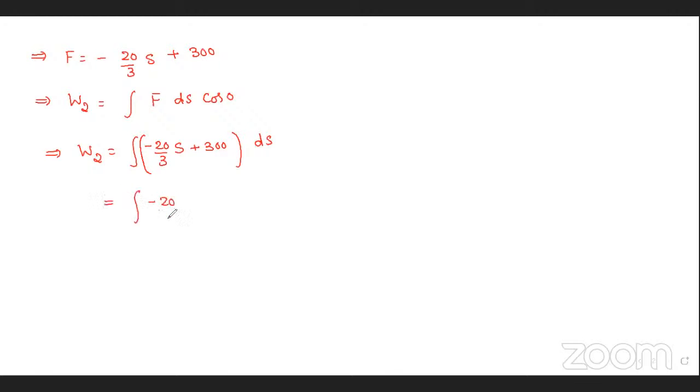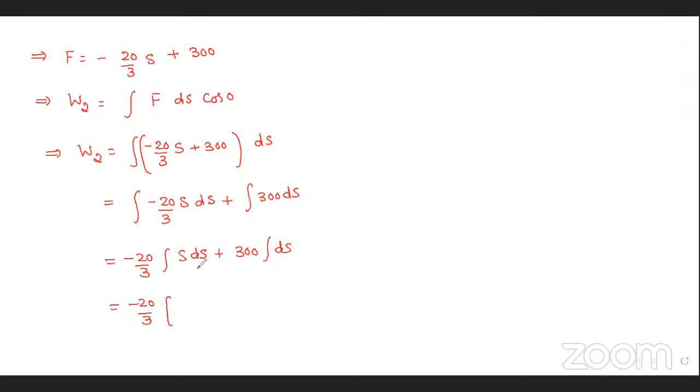That is minus 20 by 3 integral of S ds plus, by the splitting rule, integral of 300 ds. If there is a constant, that can be taken out: minus 20 by 3 integral s ds plus 300, a constant, integral ds.